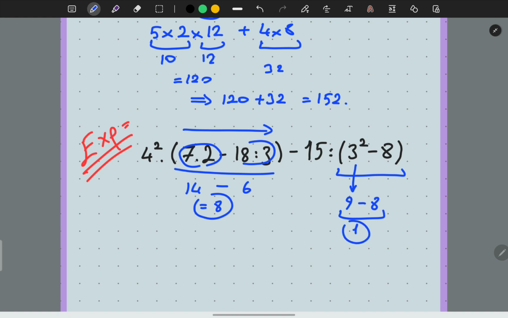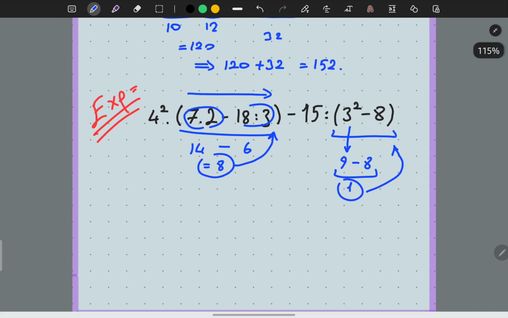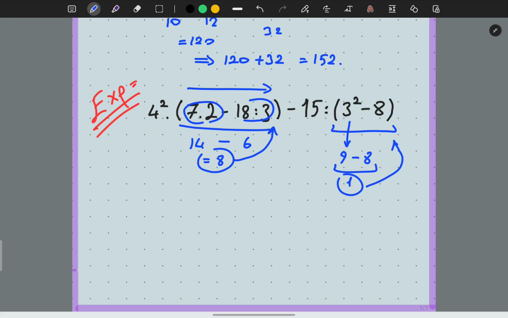So this parenthesis has the value of 8 and this parenthesis has the value of 1. So we are writing the whole equation from the start using the obtained numbers. So 4 squared times 8 minus 15 times 1.